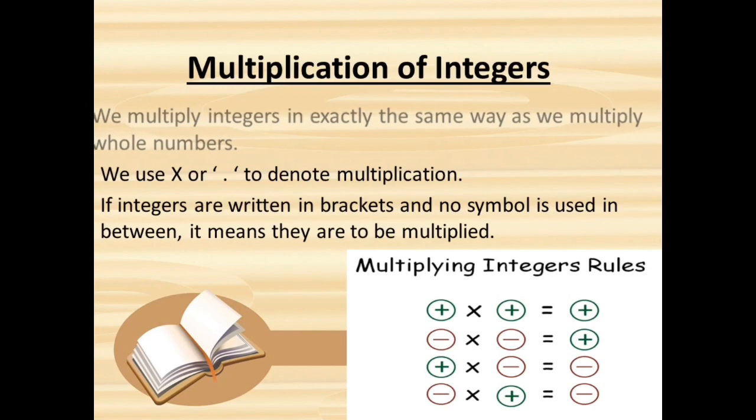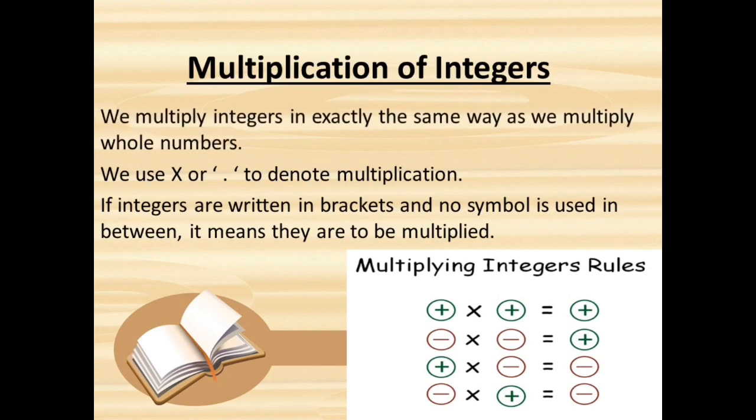Students, it says that we multiply integers the same way as we used to multiply whole numbers, and we use a cross or dot symbol to denote the multiplication. And if the integers are written in brackets and no symbol is used between them, that means they are to be multiplied.